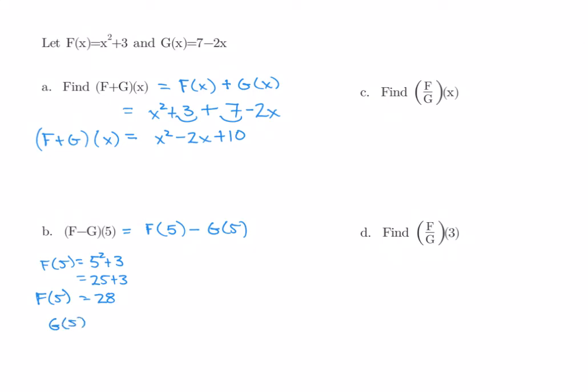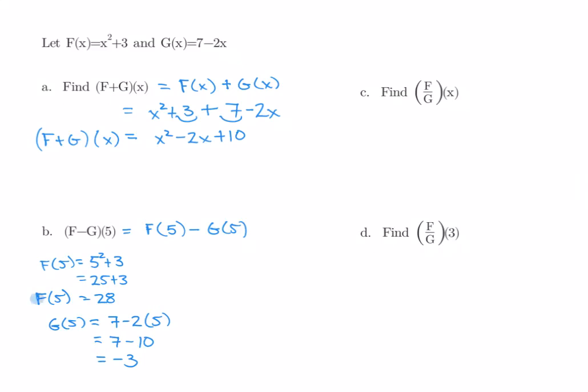G of 5, if we plug into our g equation, we get 7 minus 2 times 5. If we simplify, we get 7 minus 10, which is -3.